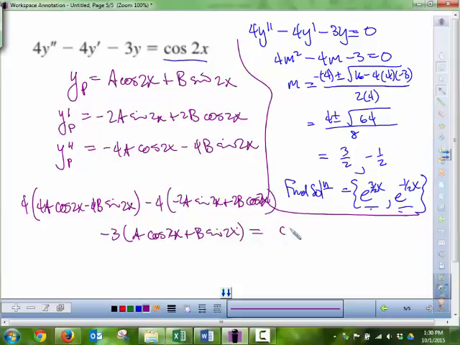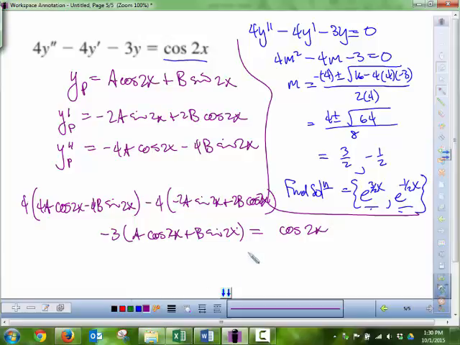This should equal cosine 2x. You can imagine there's a sine 2x there that's being multiplied by 0, right? Because that's kind of like what's happening. So it looks like I'm interested in grouping the sines and the cosines separately.